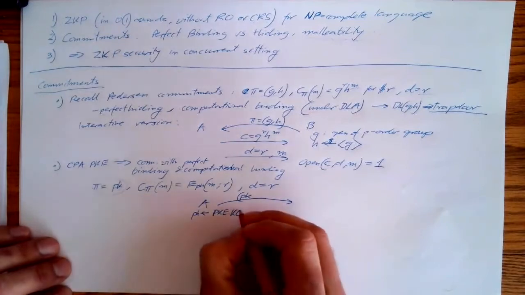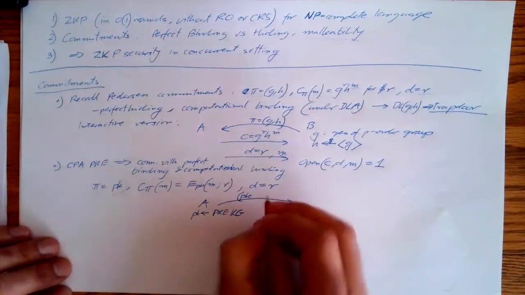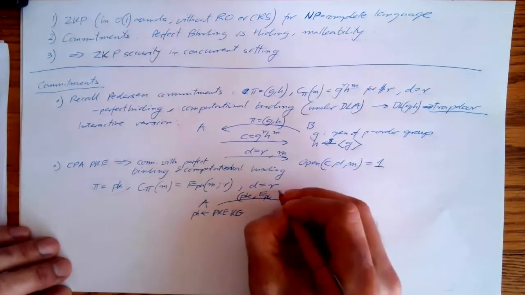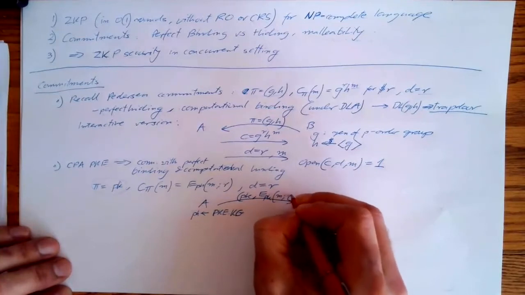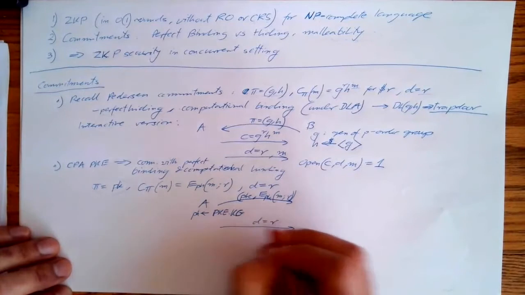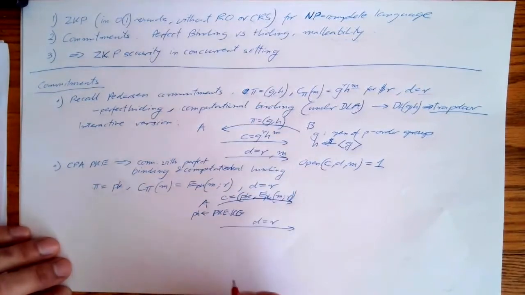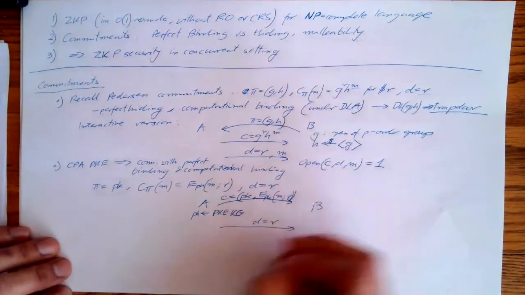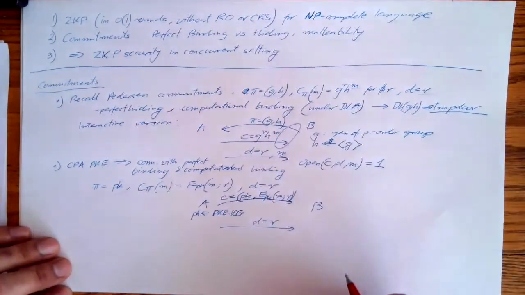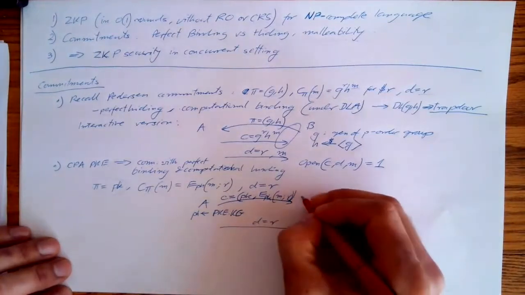Key generation does generate this, and he generates the commitment as a pair, the public key and the commitment to a message, and then the decommitment is the randomness. So this is the commitment, and this is the decommitment, right? And whereas this was an interactive commitment, this is the non-interactive one.